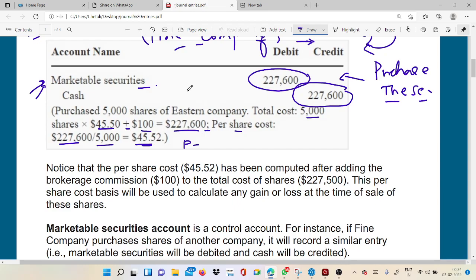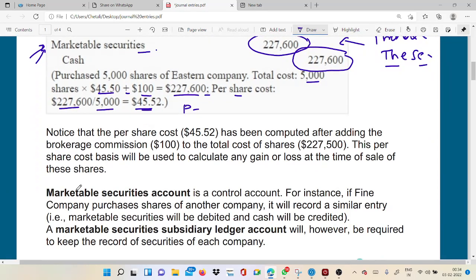But as you notice, the cost here has been computed after adding the brokerage commission of 100 to the total cost of shares, 2,27,500. This per share cost basis will be used to calculate any gain or loss at the time of sale of the shares as well.